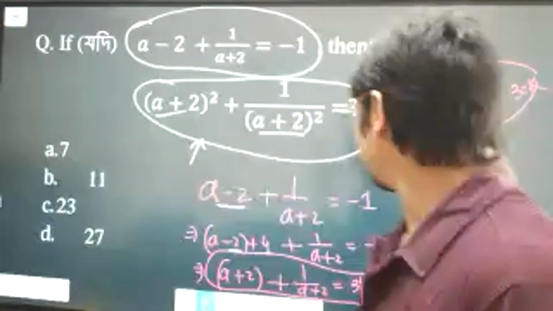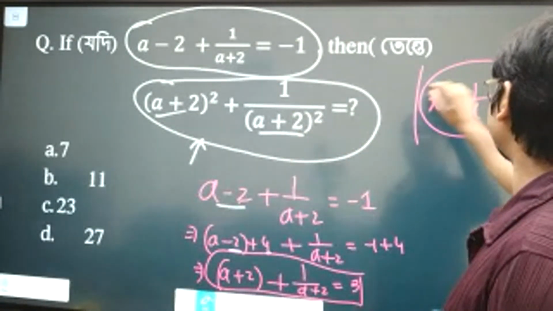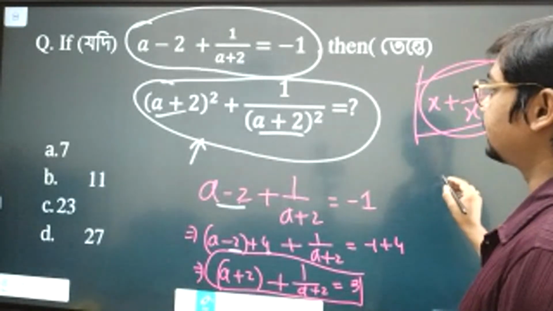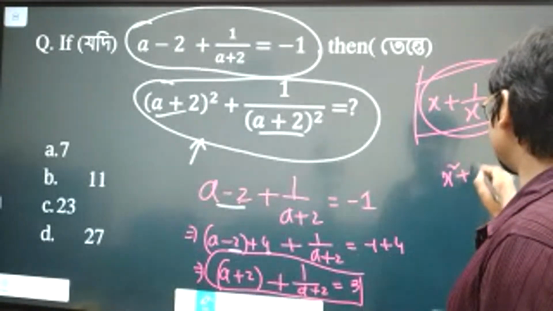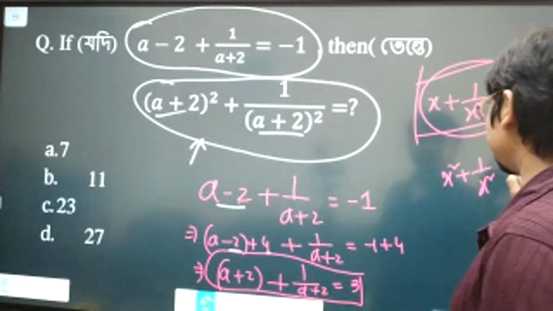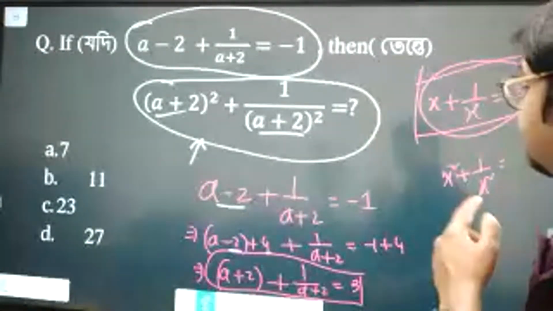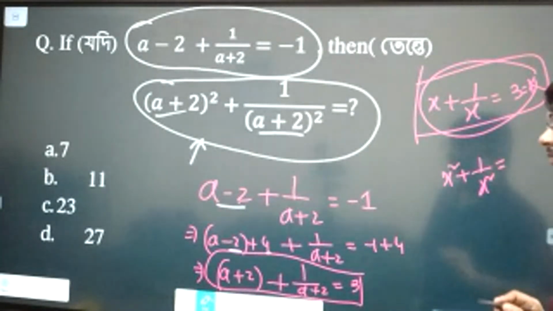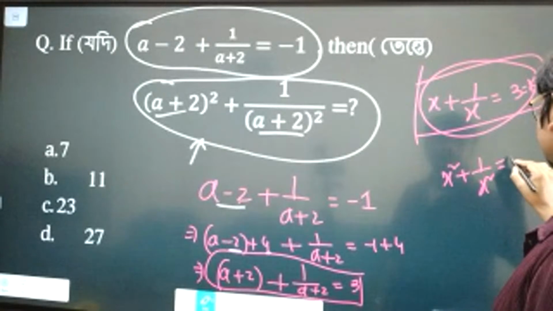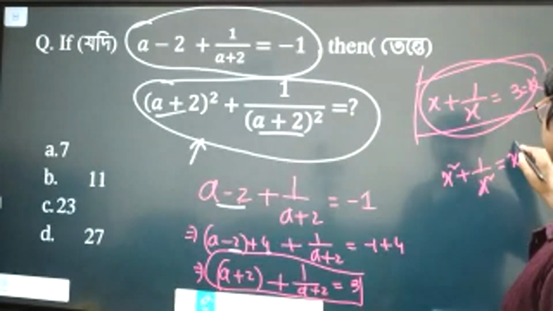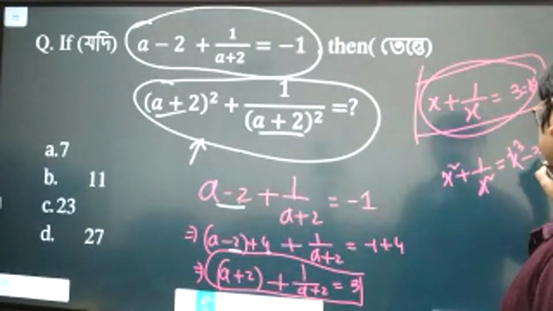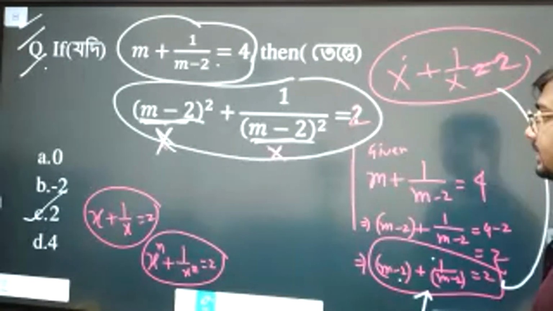Now we have a formula. If x plus 1 upon x is equal to k, then what is x square plus 1 upon x square? Can you remember what is this formula?